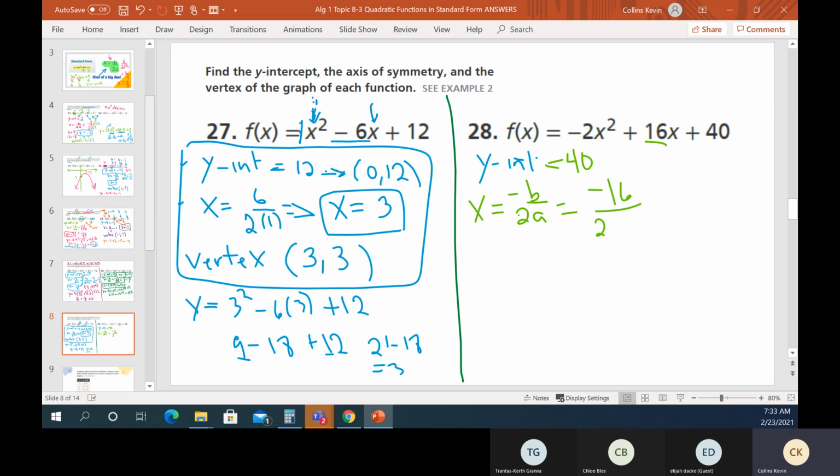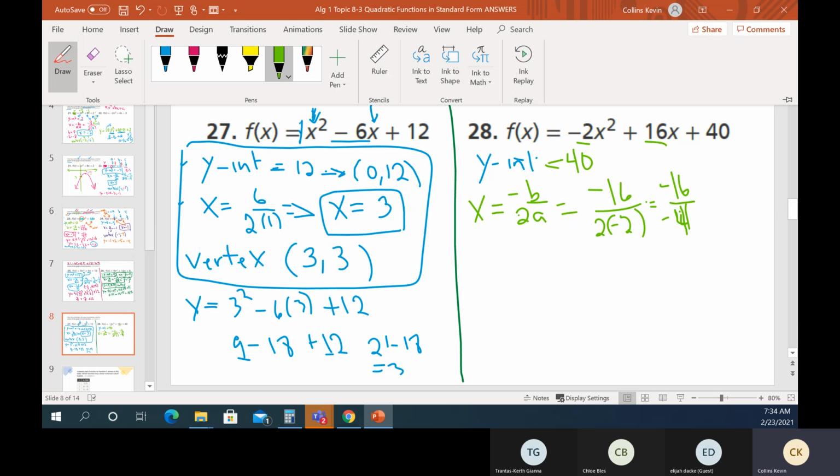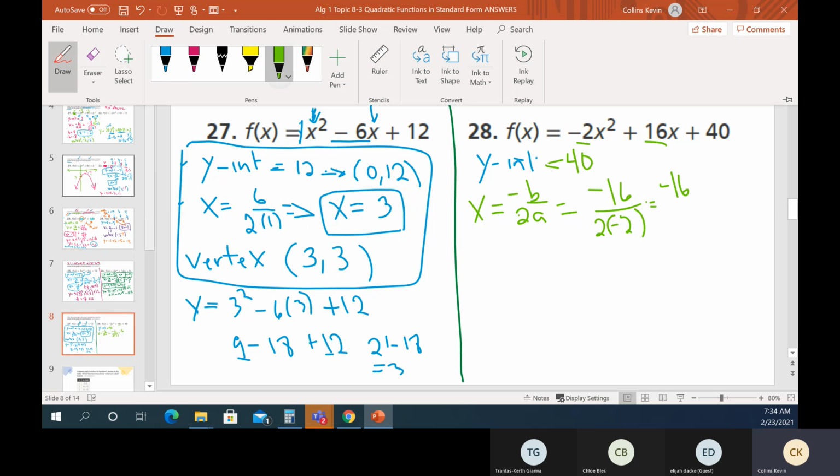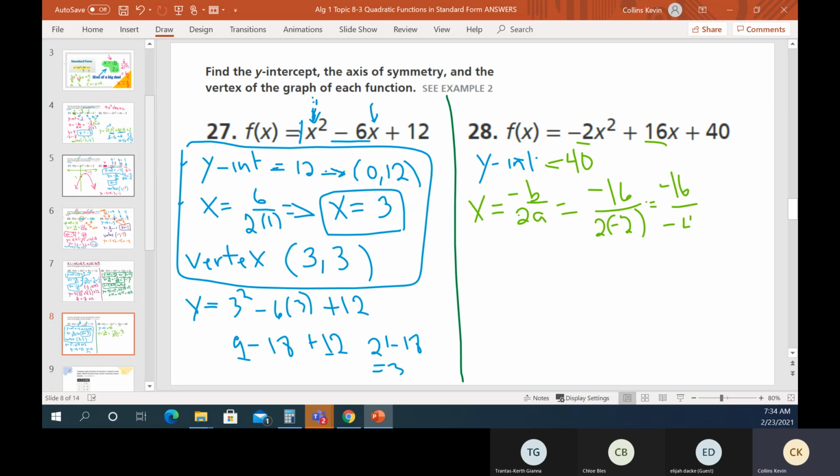And then we take the second guy, the minus 2, and we double him, right? So then that's going to give us negative 16 over negative 4, right? 2 negatives gives you a positive. Some days this thing acts weird, what can I tell you? All right. Minus 4, that's a little better. So that's just going to be positive 4, right? So axis of symmetry is x equals 4.